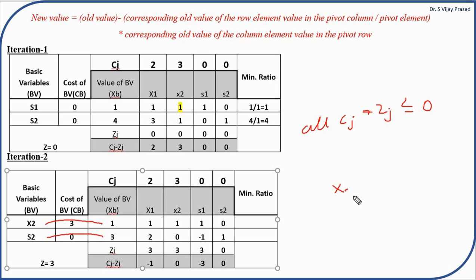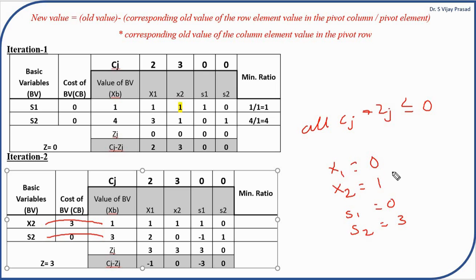Whatever variables are in the basis, for those variables only we are going to write the solutions. Remaining rest of all the values are going to be 0. Here S2 is there, here S2 equal to 3. Here x1 is absent in the basis, which is 0, and S1 is absent in the basis, which is also 0.